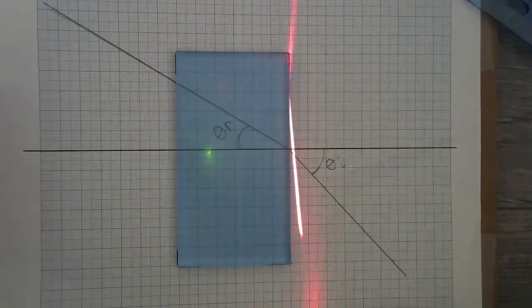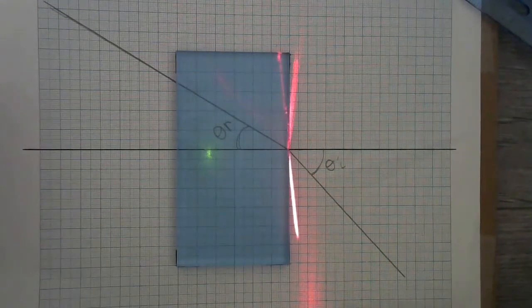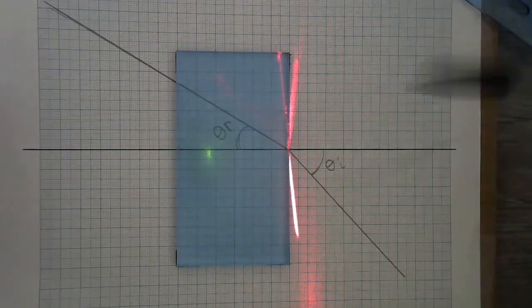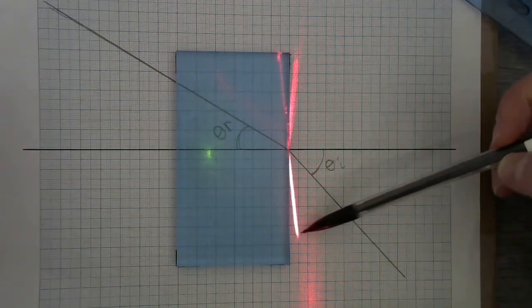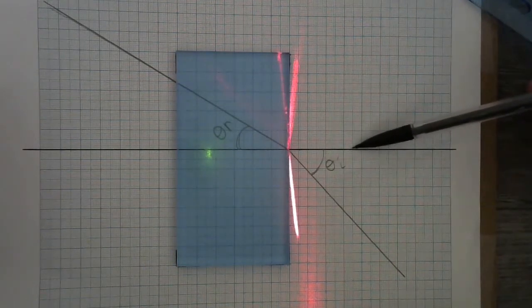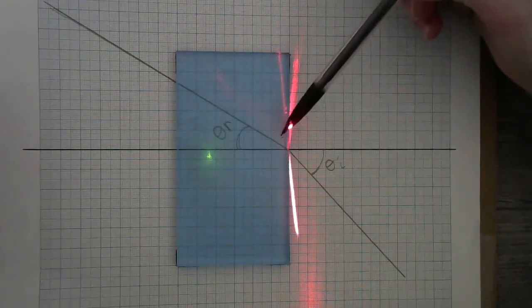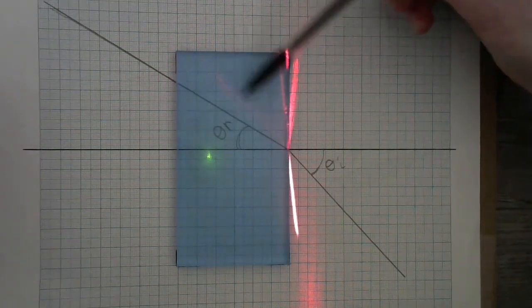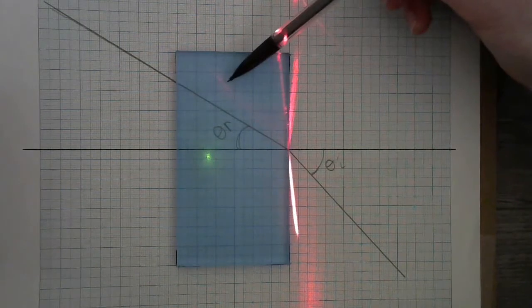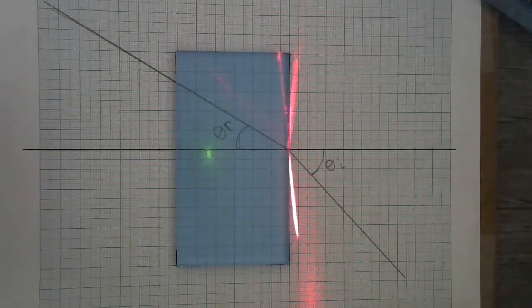And it's also pretty tricky to see the refracted beam. It does get quite spread out. So in this case now, I'm at a slight angle here, so it's not quite 90 degrees with the normal. And you can just start to see that refracted beam inside the block here. So this is going to be a more difficult measurement to make.